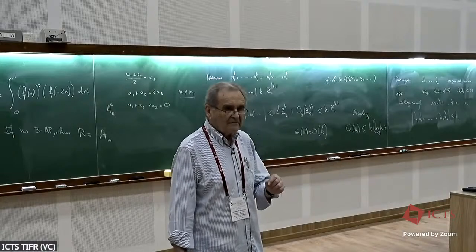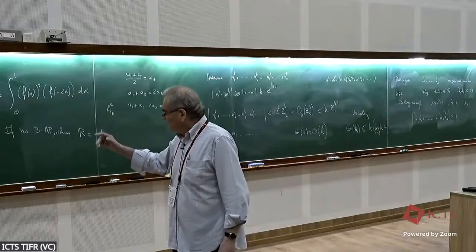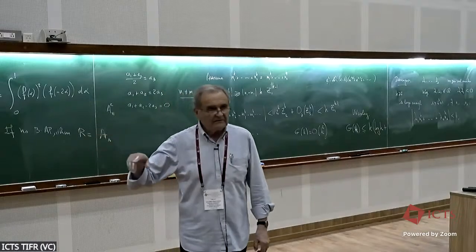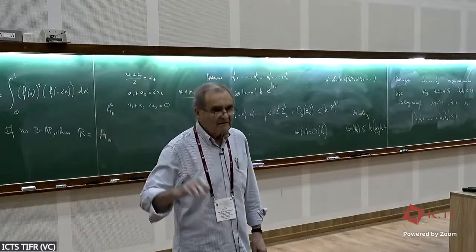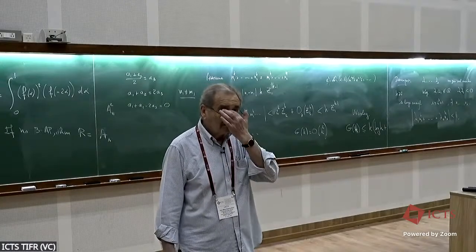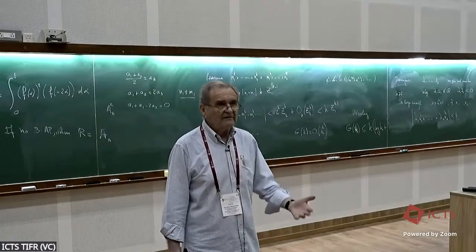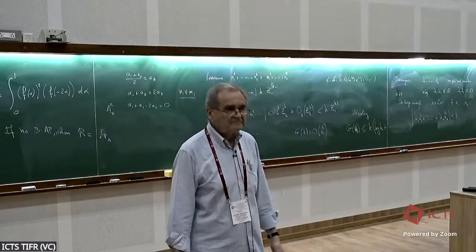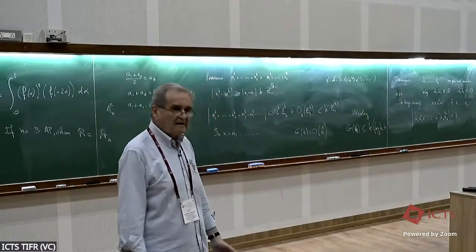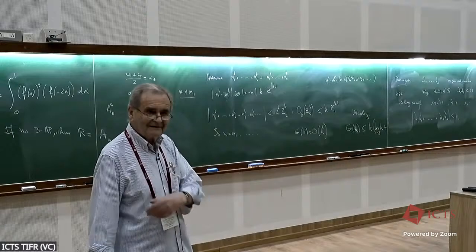The error term, if you are saving too much on that side, then the error term will come from the major arc. This is a small constraint. I don't know. On the minor arcs, you can save as much as you wish. The beginning is difficult, but the more terms you take, the easier it gets.